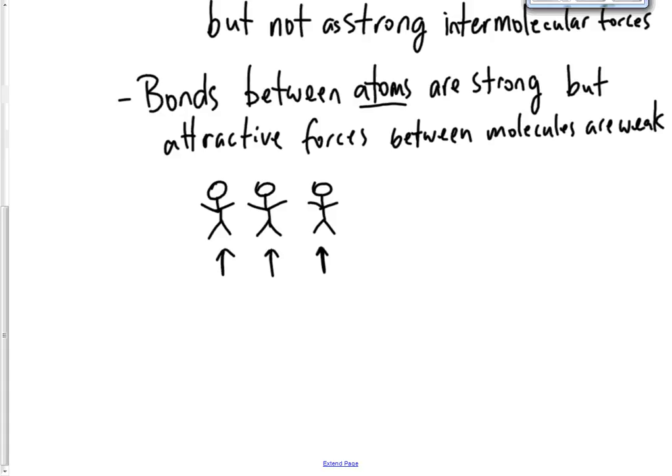But the forces between them, when they hold their hands, that's weak, so they can be pulled apart. So the people as a group can be pulled apart, but the people as individuals, they're stuck together. Okay, if that makes sense to you, good.